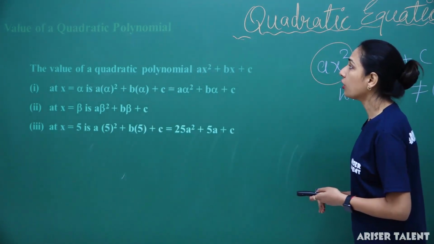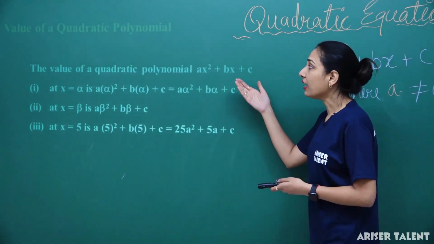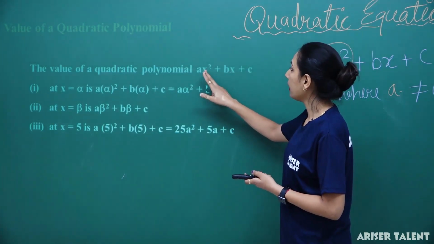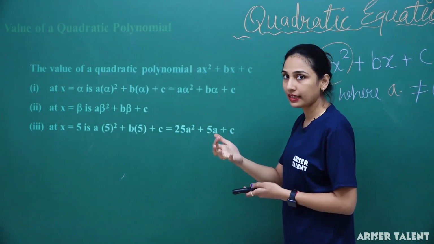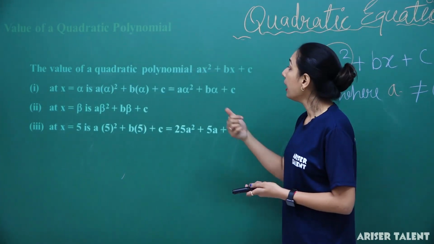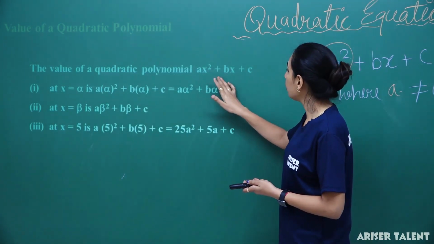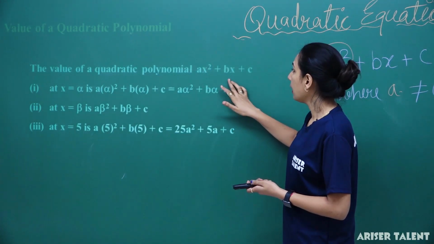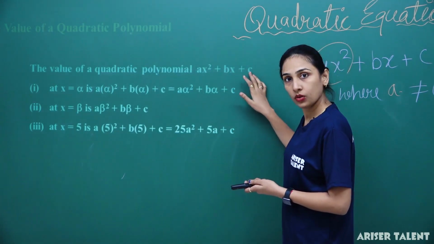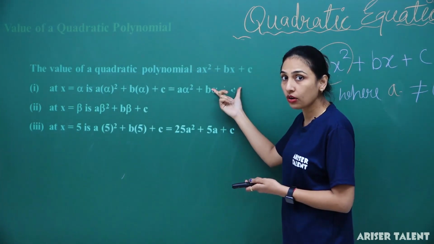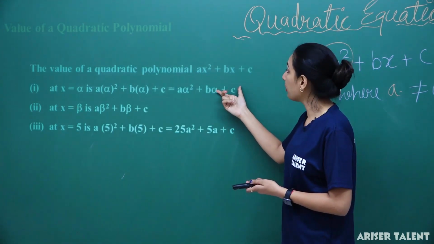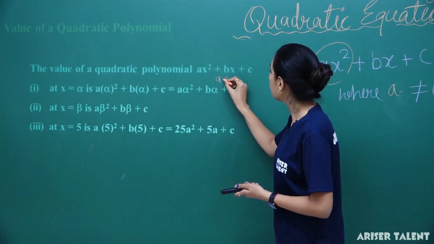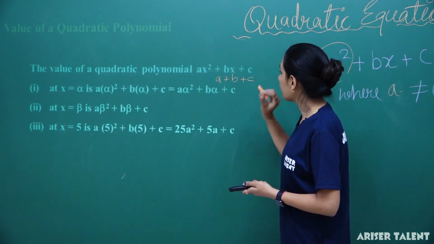Value of the quadratic polynomial. What will be the value of the quadratic polynomial? Okay, so if I put x equals to something, like if I put x equals to alpha, then the value of this will become a alpha square plus b alpha plus c. If I put x equals to 1, that will become a plus b plus c, right?